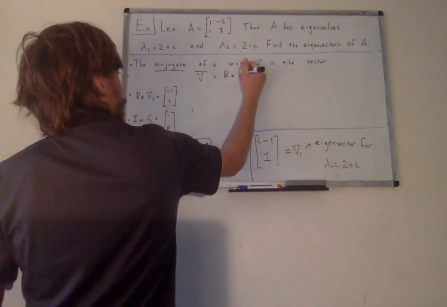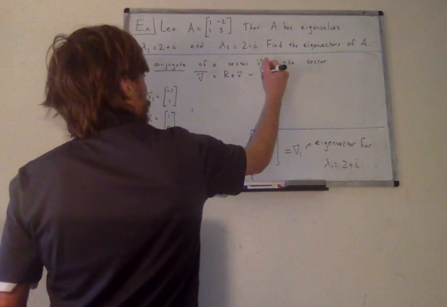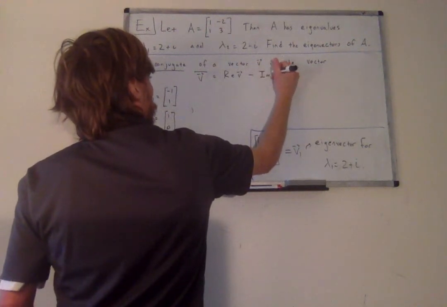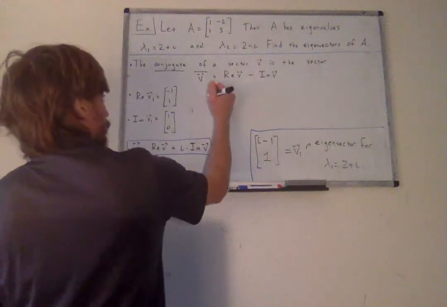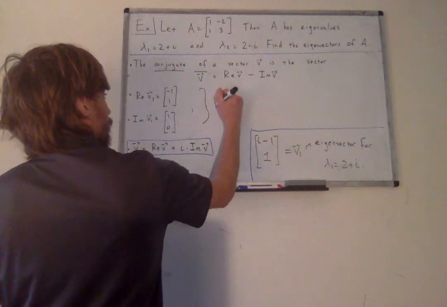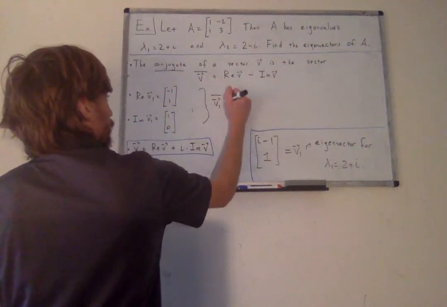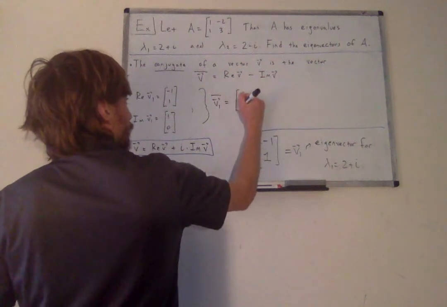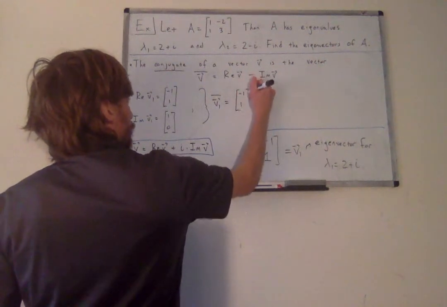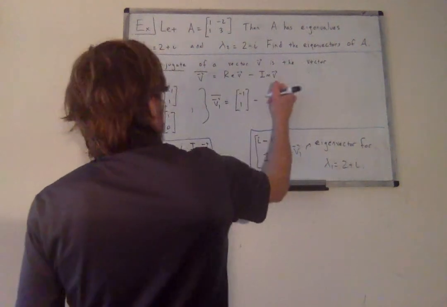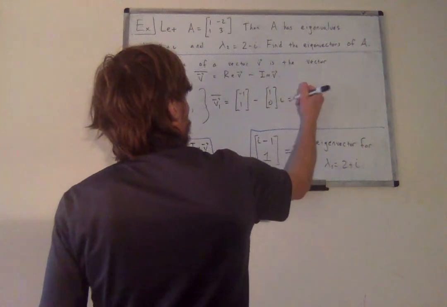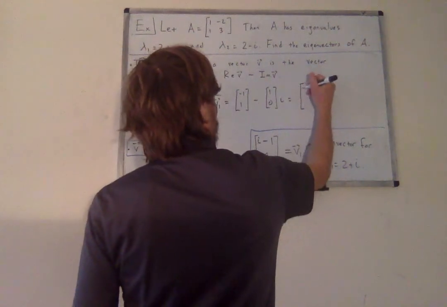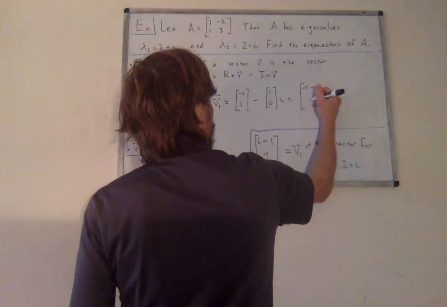But this is just the real part of v minus the imaginary part of v. And so notice here in this example, the conjugate of v1 would be equal to -1, 1, minus 1, 0 times i. And so this would be equal to -1 minus i, 1.